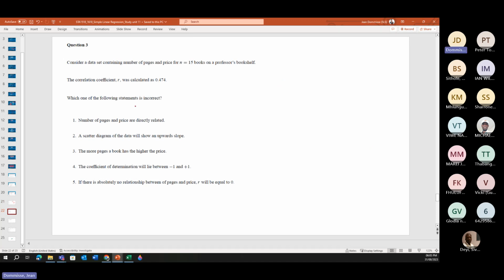Okay, the next one, they give us a bit of information, and then they ask us some questions around it. So they tell us, consider a data set containing number of pages n equal to 15, and we calculate the correlation coefficient as 0.474.